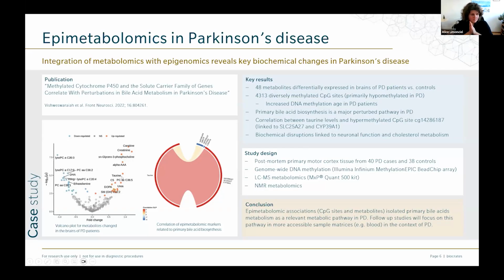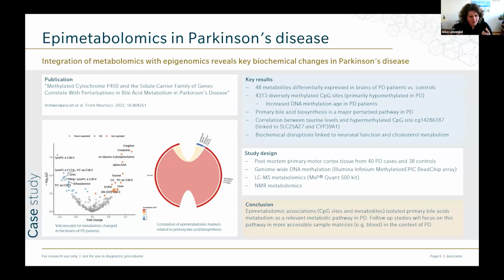And when you combine the metabolomics with the epigenomics, then you start to see taurine actually nicely associating with a number of genes that are differentially methylated and that have to do with the metabolism of bile acids. So doing this so-called simple, I mean, it takes skill to do this, but still relatively simple combination of those omics together, you already start to see pathways or mechanisms coming up that wouldn't necessarily be the ones you would put your attention on if you just look at a single omic.